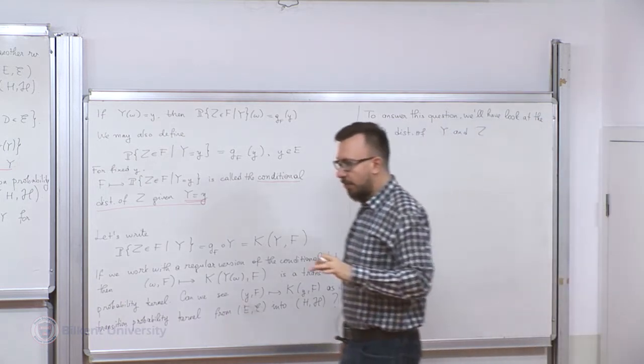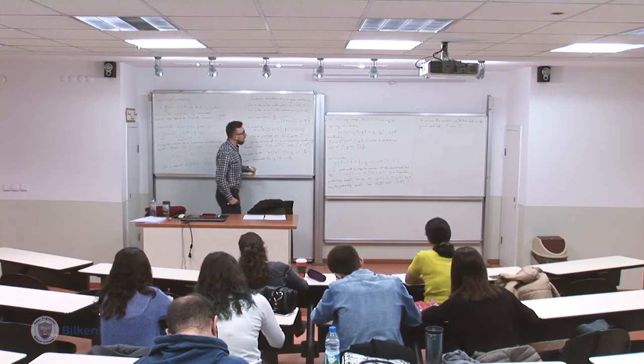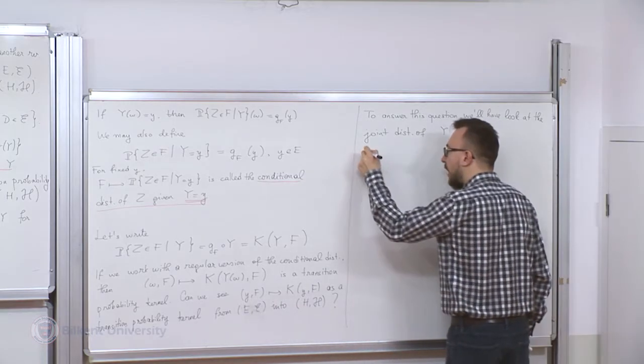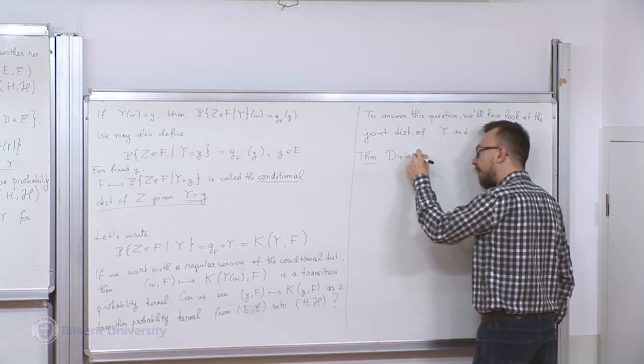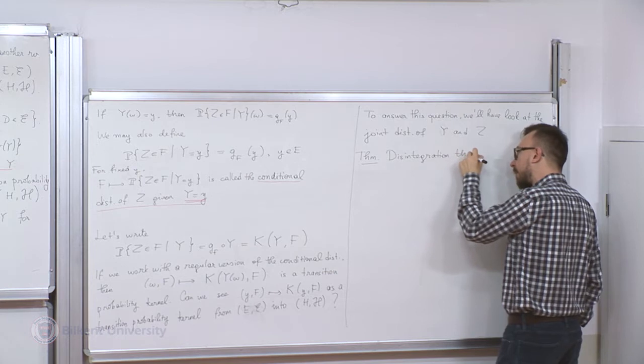So now it's time to connect conditional distributions with joint distributions. And the key theorem is going to be the so-called disintegration theorem.